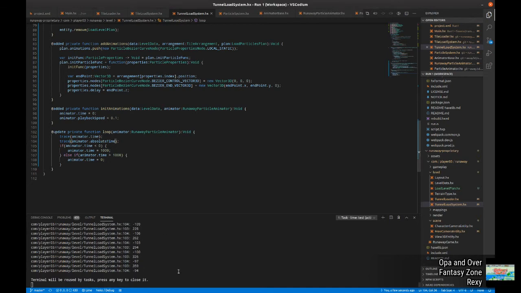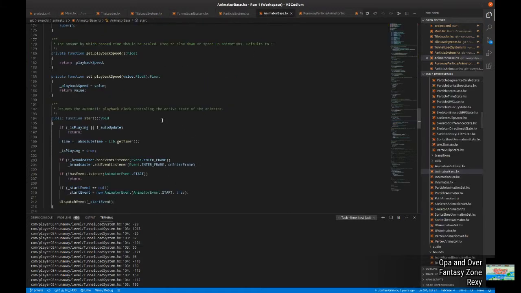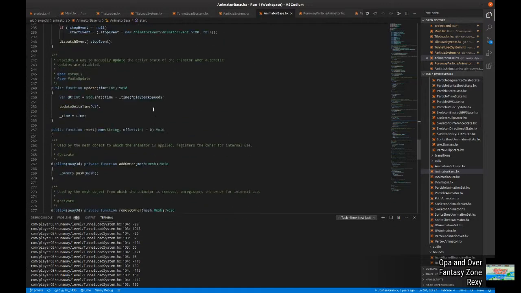But at least we can see why it goes black more of the time. It's because some of these values are negative. And I don't know why that is.